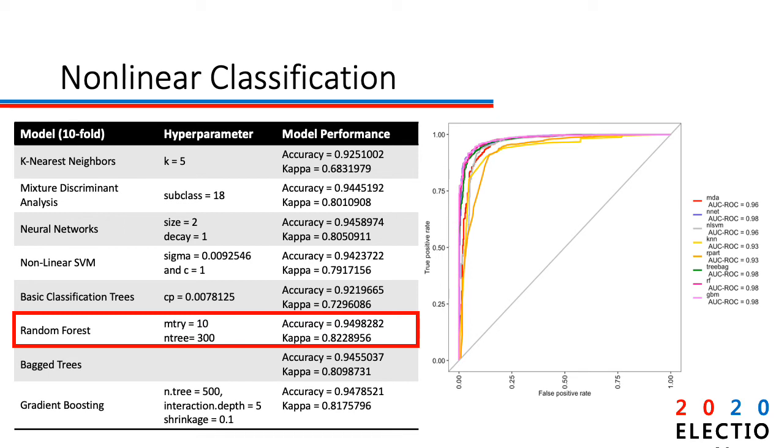In the nonlinear classification model, the performance of k-nearest neighbors and basic classification trees is significantly worse than other models. The random forest has a better performance than other models with accuracy equal to 0.9498 and kappa equal to 0.8228.